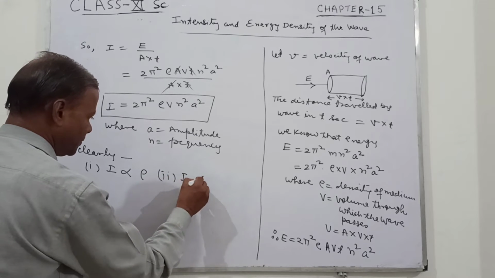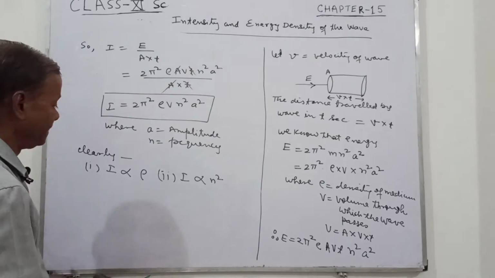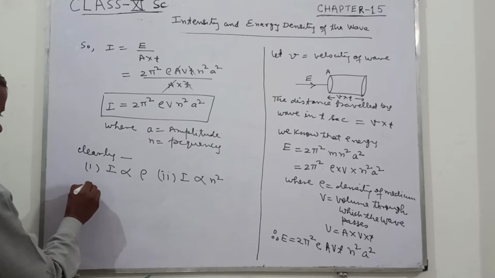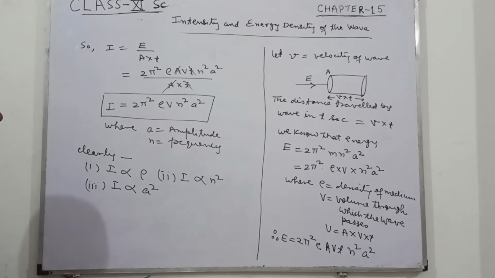Second, I is proportional to n square, the frequency. Third, I is proportional to A square.